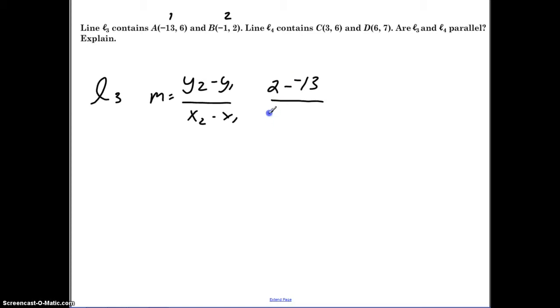My x2 is negative 1 minus, I definitely put the wrong number there, my bad, minus my x coordinate, negative 13. So 2 minus 6 is negative 4. And then this really means we're going to add: negative 1 plus 13 is 12. So this reduces to negative 1/3.